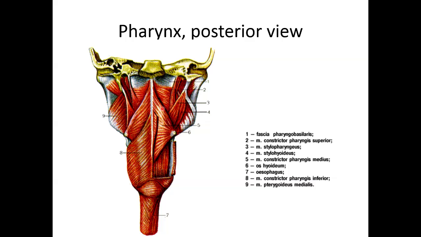Sure, during swallowing, the pharynx should contract, and for this contraction we shall use different muscles as constrictors, they are here, and muscles dilatators of the pharynx, which we shall find later. So this is posterior view of the pharynx without any cutting.